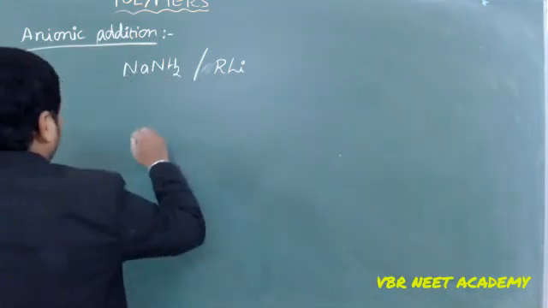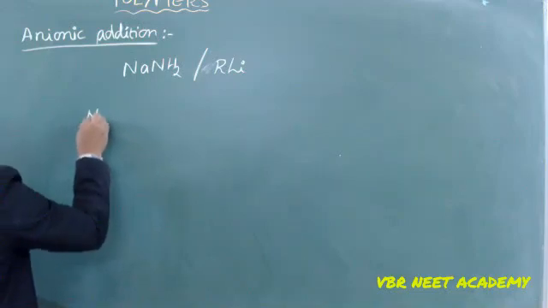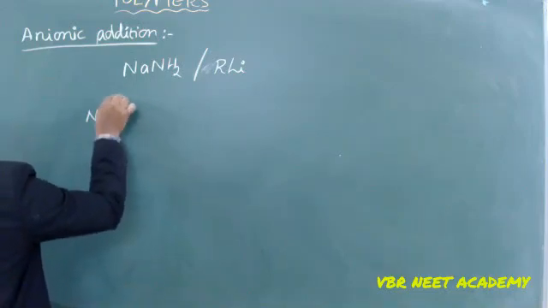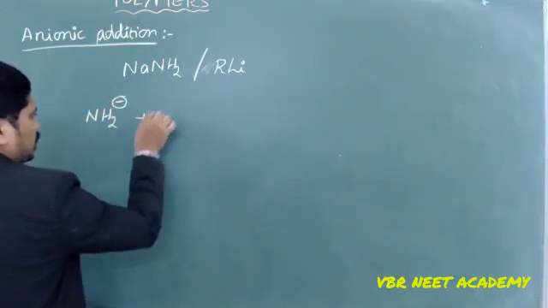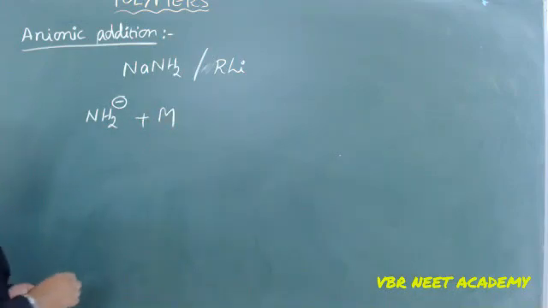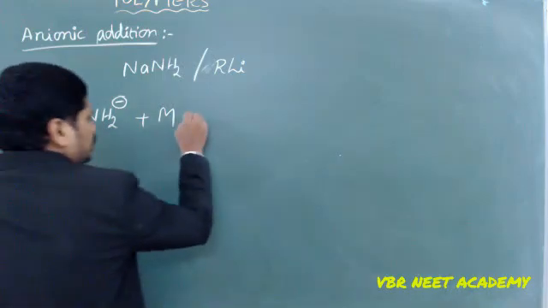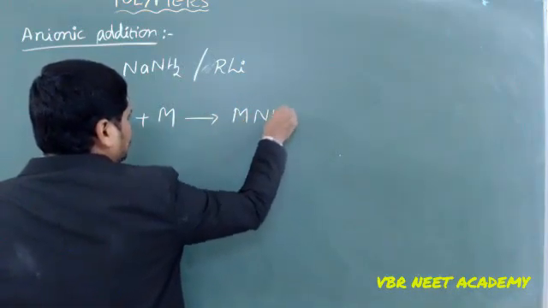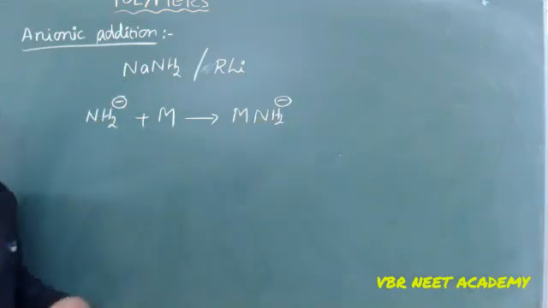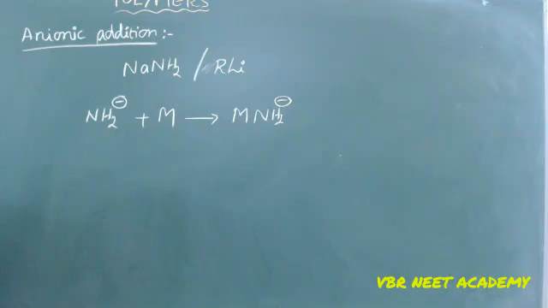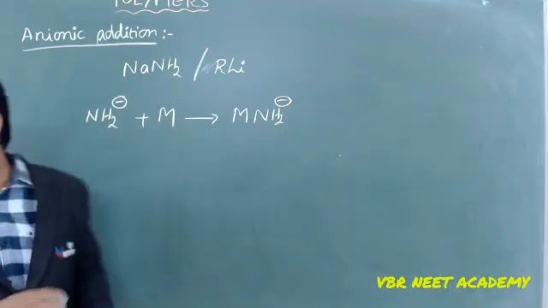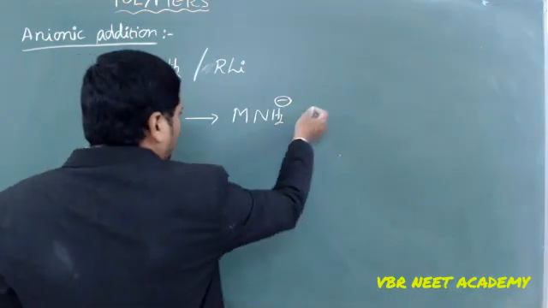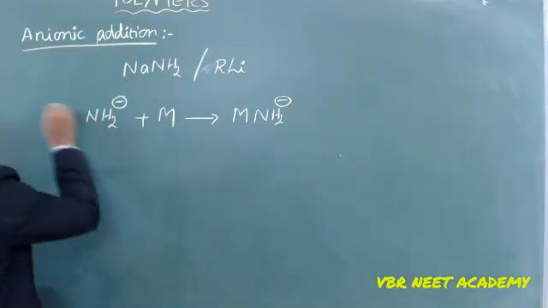The NaNH2 is going to give NH2 minus. Amide is going to be attacking on a monomer. So when it attacks the monomer, we are going to get NH2M minus. Now this is going to be initiation, we can say.